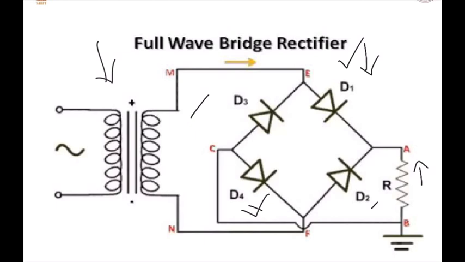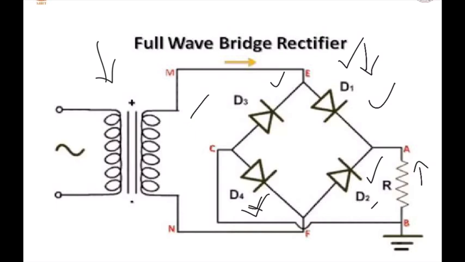They will be forward biased, and during that time diodes D2 and D3 will be reverse biased. They act like an open switch. During the negative half cycle, diodes D3 and D2 will conduct and act like a closed switch. They will be forward biased. During that time D1 and D4 will be reverse biased.